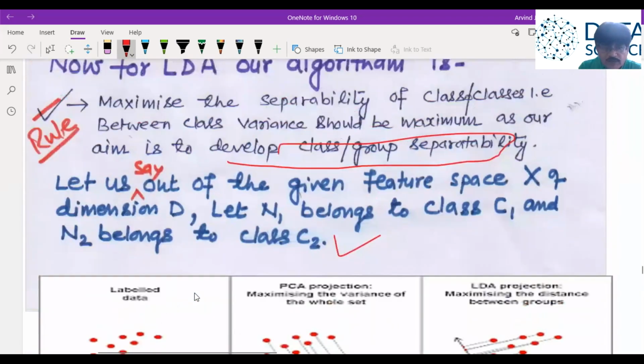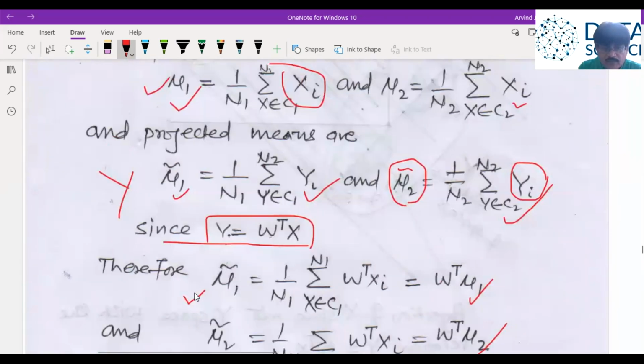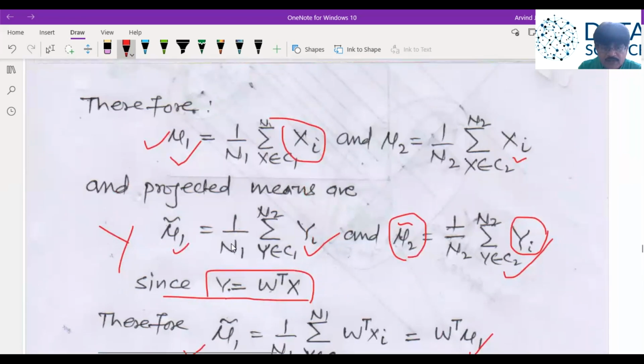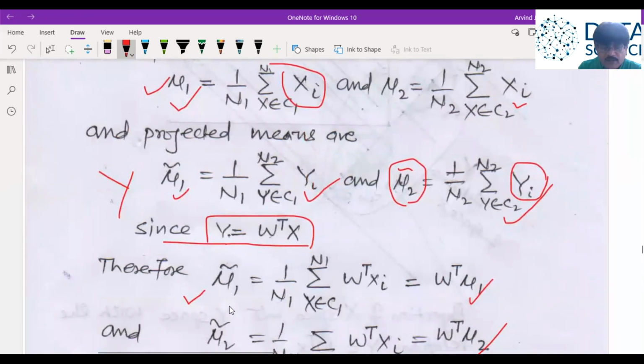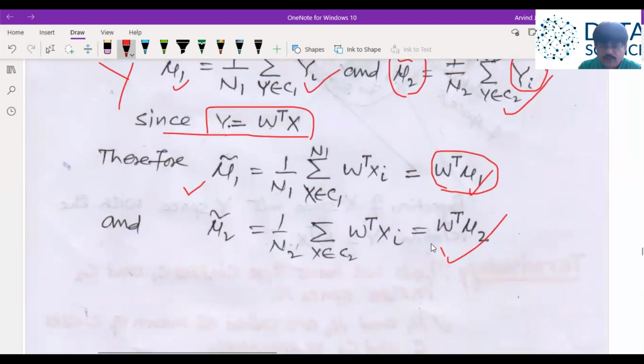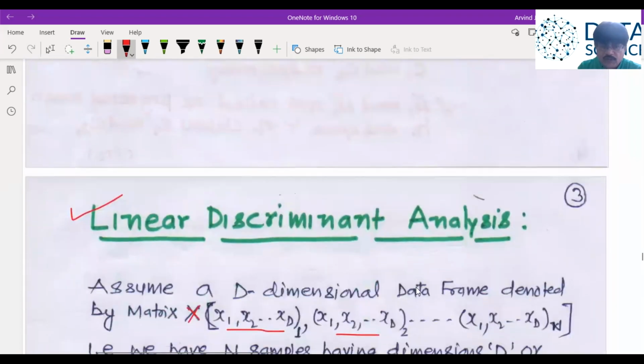For this you have to see this. See here, this is what I have done. Mu1 is equal to 1 upon n1 times the sum of X. Projected mu1 comes out to be W transpose mu1, and projected mu2 comes out to be W transpose mu2.